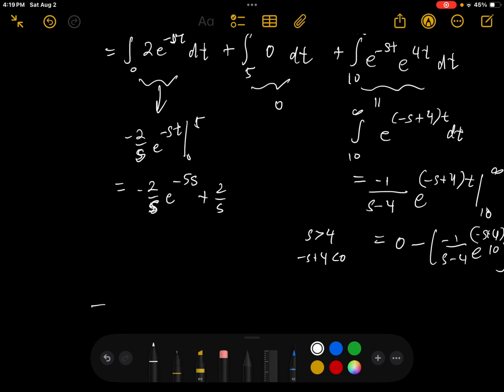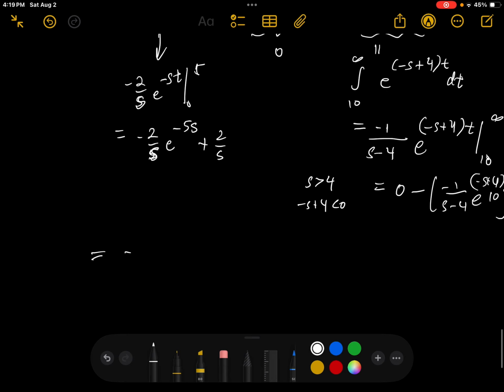And so this is going to be negative 2 over s e to the negative 5s plus 2 over s. And then minus minus, you're going to get plus 1 over s minus 4 e to the 10 times, I'm going to write negative 10 s minus 4, where s is bigger than 4.